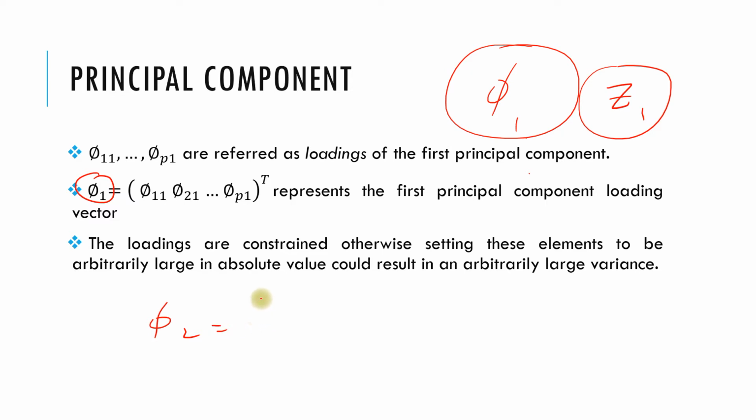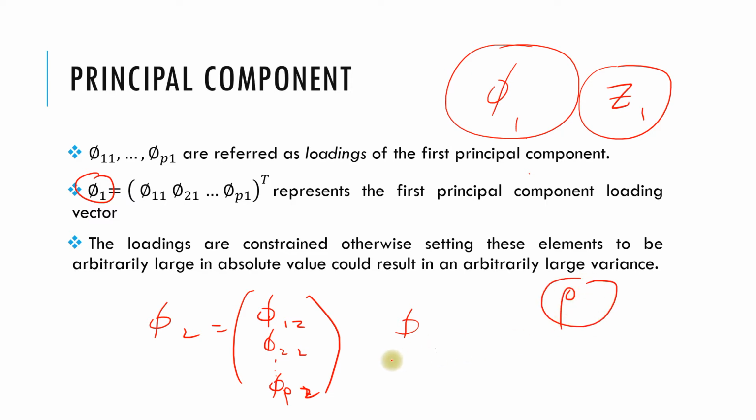Phi 2 would represent phi 1 2, phi 2 2, phi 3 2 up to phi p 2. Now, just imagine how many possible vector loadings you might have. If you have p variables, you will have p vector loadings you may wish to have. So this is a little bit what these are about.